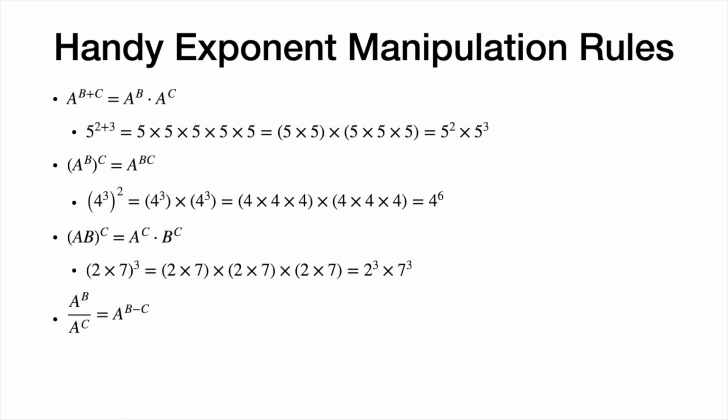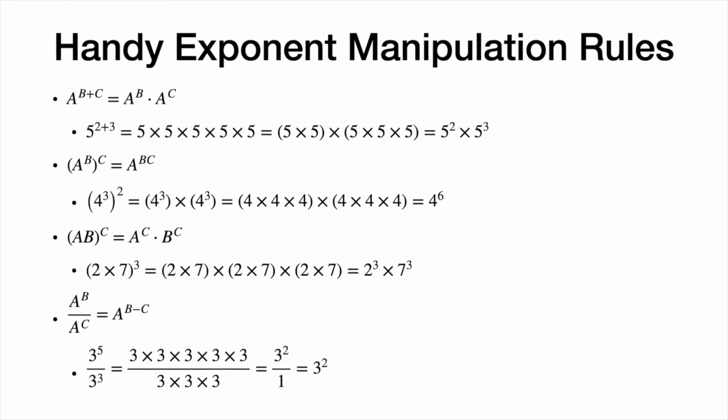So our next rule is a to the b over a to the c equals a to the b minus c. That might be a surprising one, but we can see that if we have 3 to the fifth divided by 3 to the third, that means we're going to have 5 3's multiplied by each other on the top, and 3 3's multiplied by each other on the bottom.